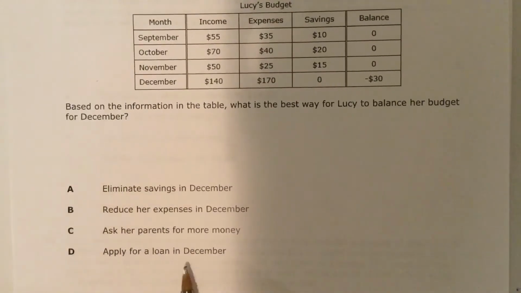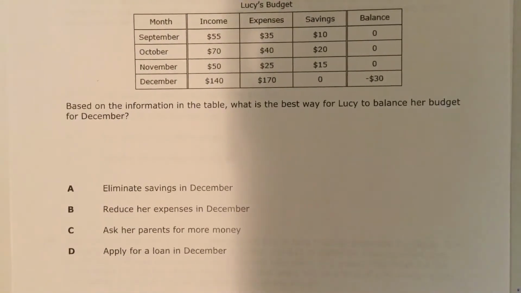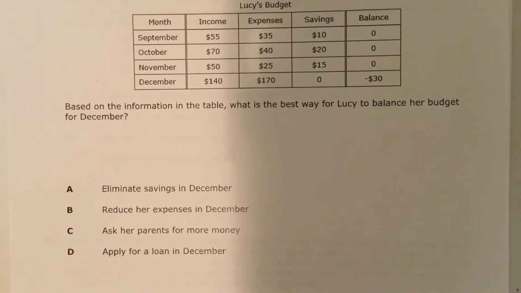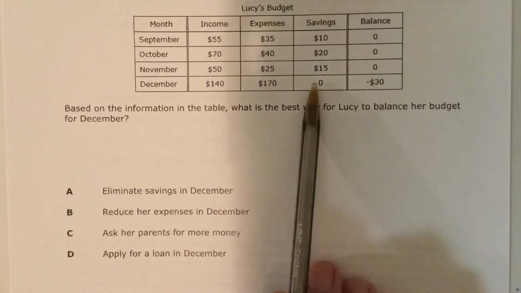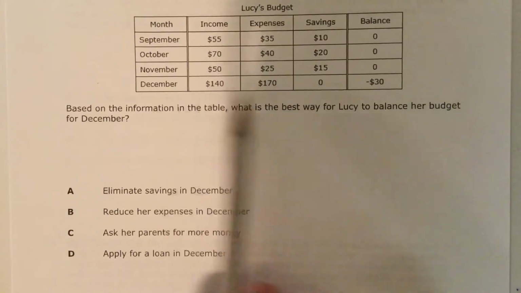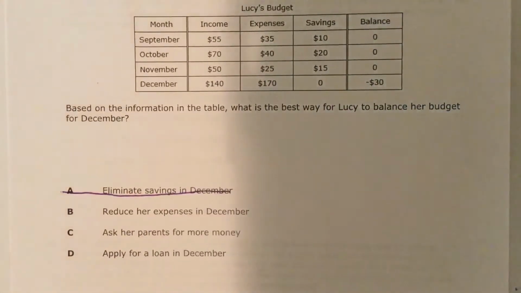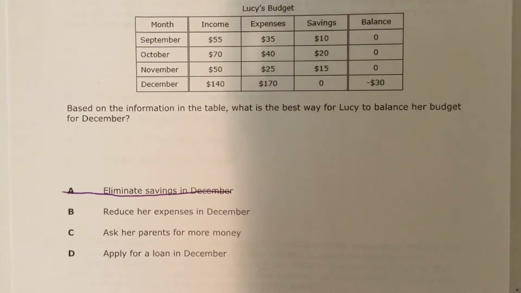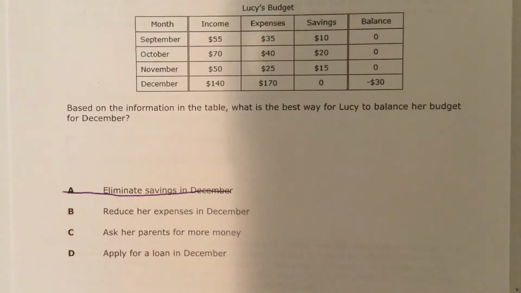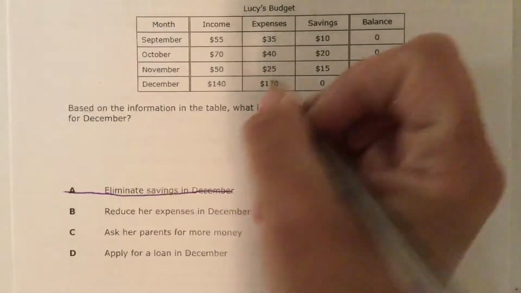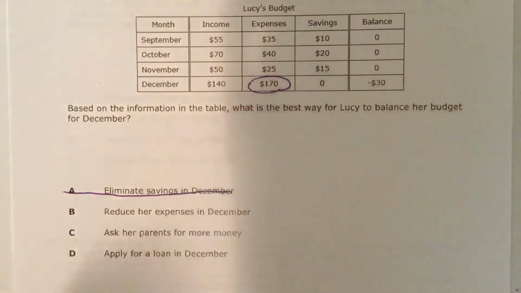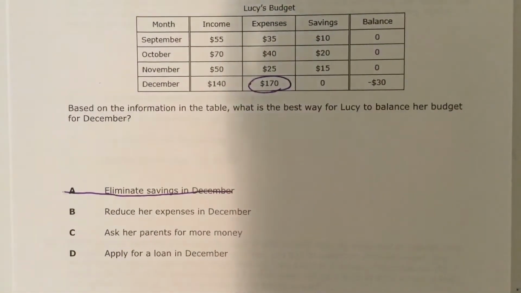Well, we're going to look through our answer choices and think about process of elimination. All right, so first it says A, eliminate savings in December. Well, savings for December has already been eliminated, so that's kind of a no starter because that's all you can do. B, reduce her expenses in December. Okay, so that might be an option. Reduce the amount of money you're going to spend. C, ask her parents for money.